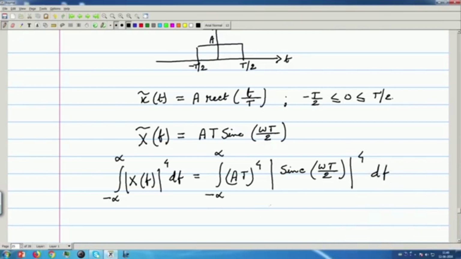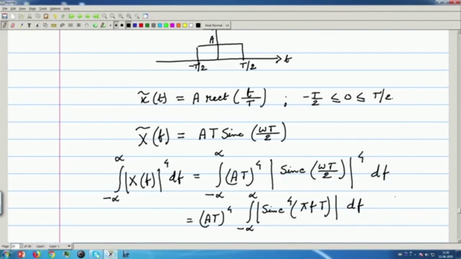Now, this thing I can take out, A t whole to the power 4, and sinc of omega, where omega is 2 pi f. So, this will be pi f t whole to the power 4, that means sinc to the power 4, and the magnitude of sinc function is always positive.